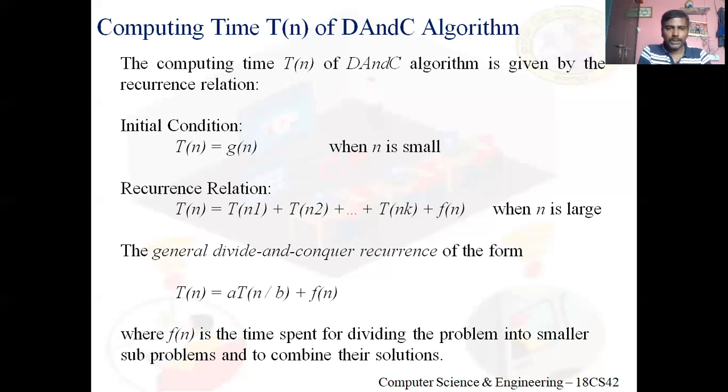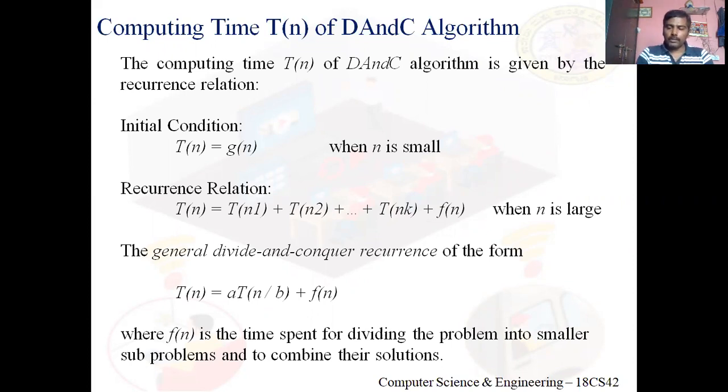Now, using your discrete mathematical structures, you need to solve that recurrence relation. Then you will get the basic operation count. Once you have it, you need to identify to what efficiency class it belongs. Then you can represent the order of growth.